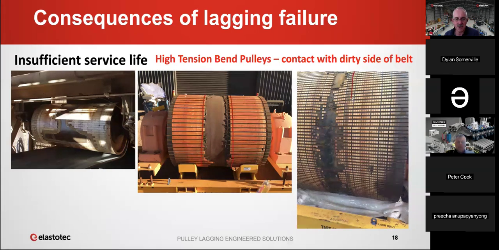You can see also on this pulley, there's a band around the center that has failed. And even on this one here, a direct bond pulley, there's a band around the center. Does anybody know what causes this problem?